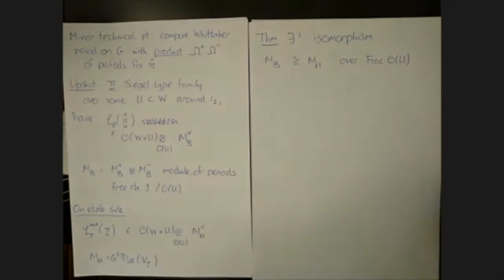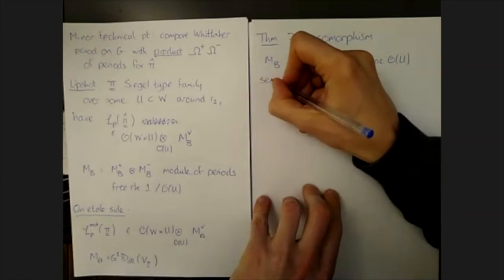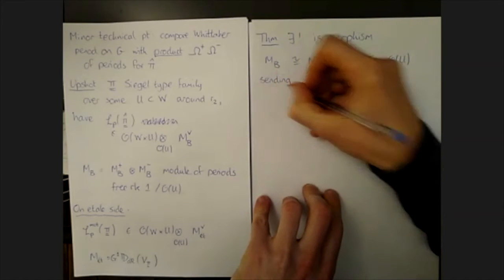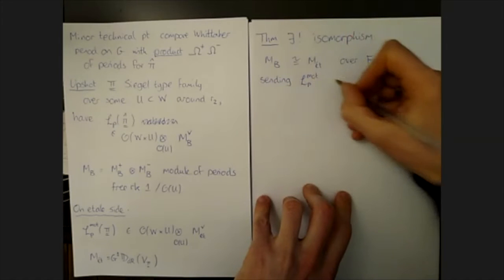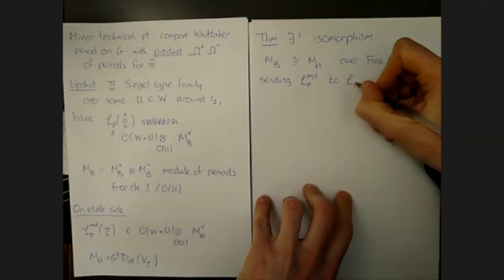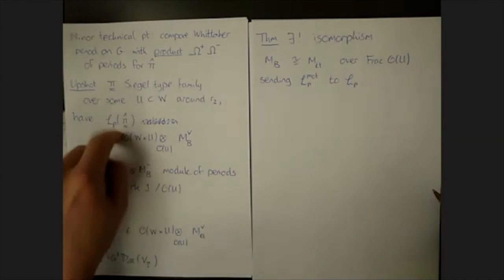And the price you have to pay is you have to extend scalars to the fraction field of your little disk in weight space. So this is like an isomorphism of meromorphic modules over O of U, which sends this guy onto this guy.